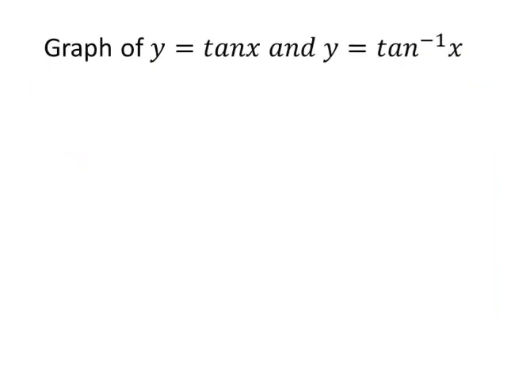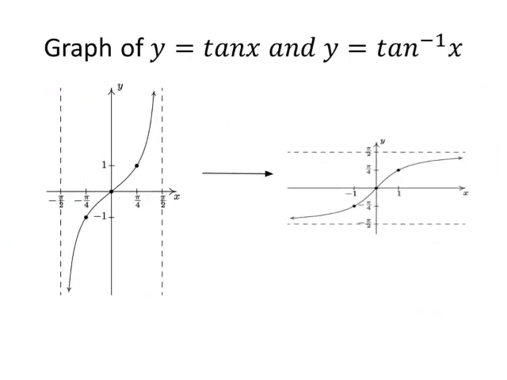Graph of y equal to tan x and y equal to tan inverse x. Here we have the graph of y equal to tan x and y equal to tan inverse x. See the curve y equal to tan inverse x. Here we have the horizontal asymptotes. Y equal to pi by 2 and y equal to minus pi by 2 are the horizontal asymptotes.